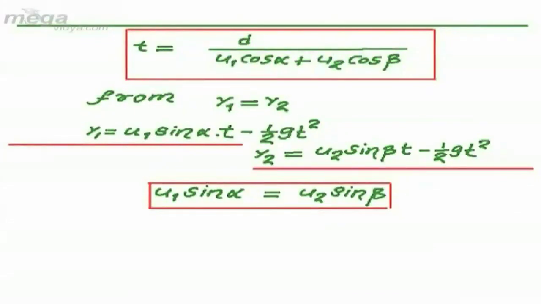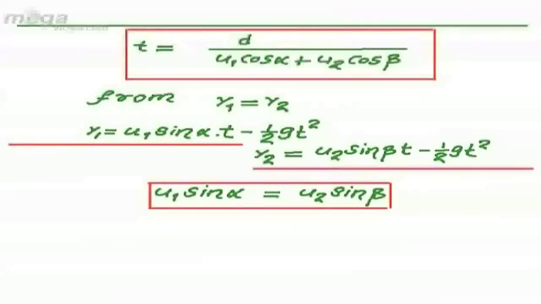You can go through this analysis to find the time at which collision occurs, and the condition that the initial velocities of projection along the vertical direction must be equal.